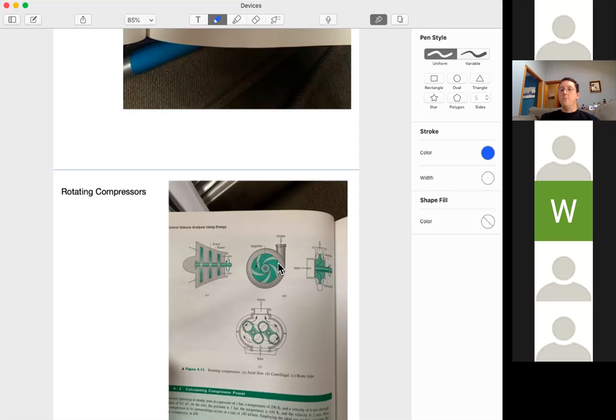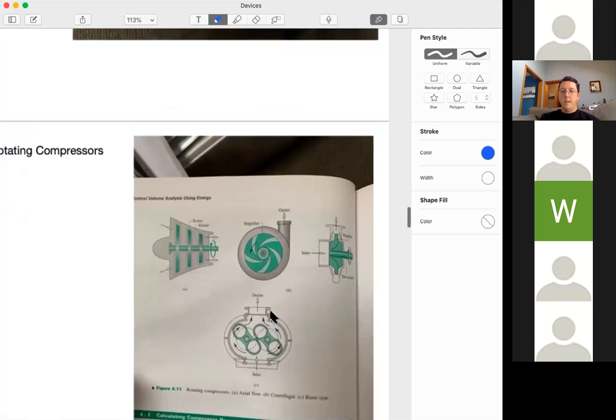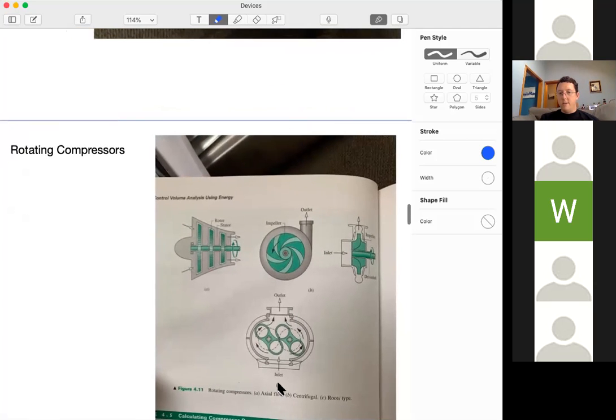You can have other ones, just different ways to do it. For example, this one is kind of an interesting one. It goes in and you arrange it so as these things spin, the air doesn't actually go through the center. It gets squeezed and trapped in little pockets that are created as these elements spin, rotors or something.